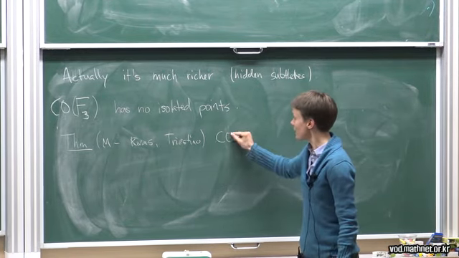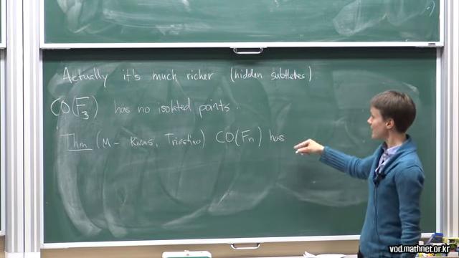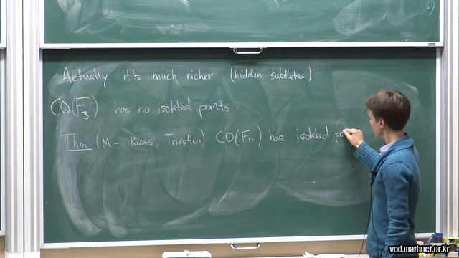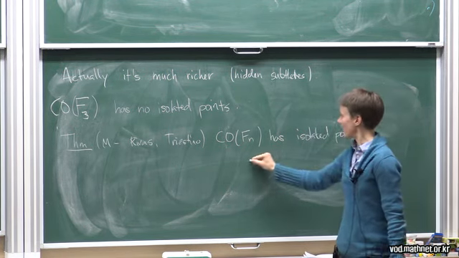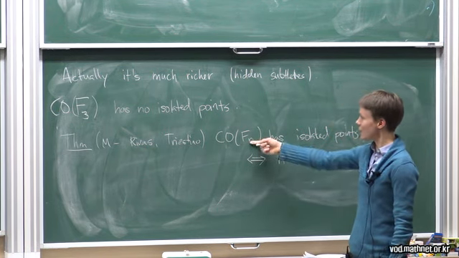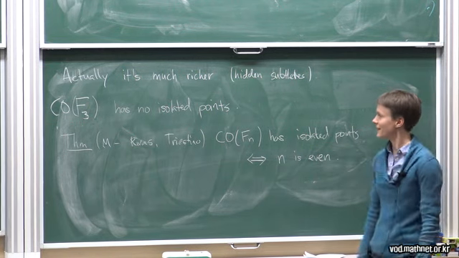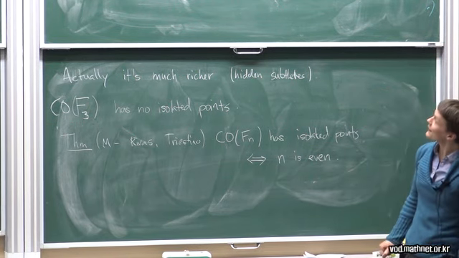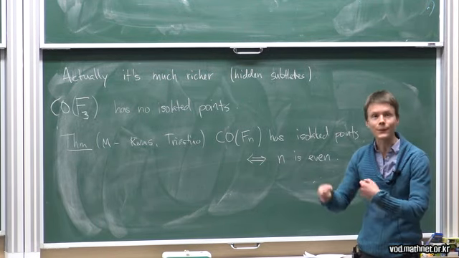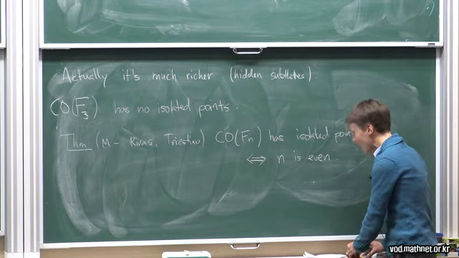Just for free groups, you have an isolated circular order if and only if the number of free generators is even. So that's there, and there's a purely topological, combinatorial reason for this.